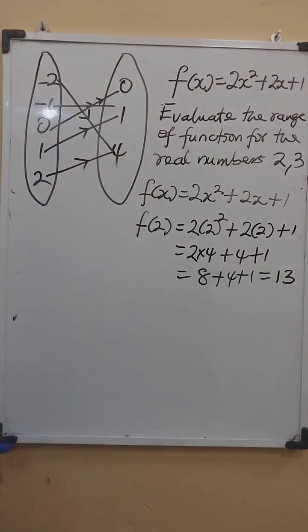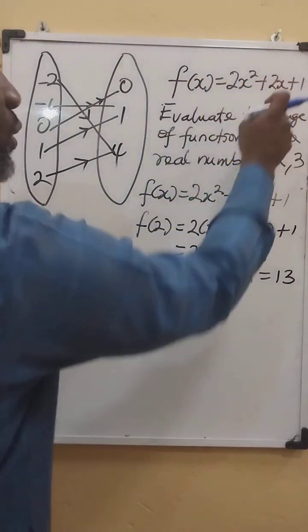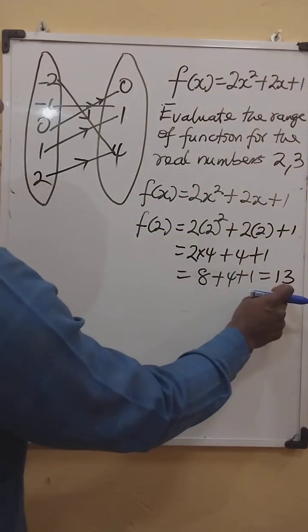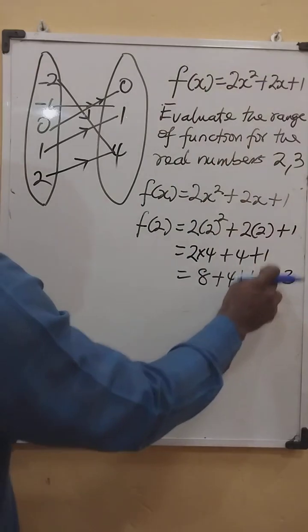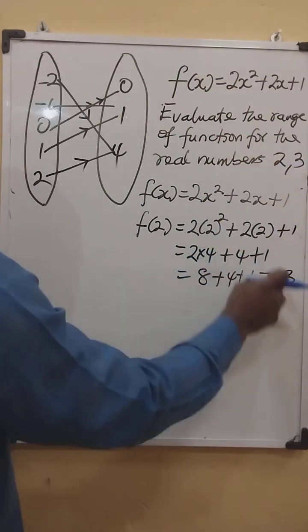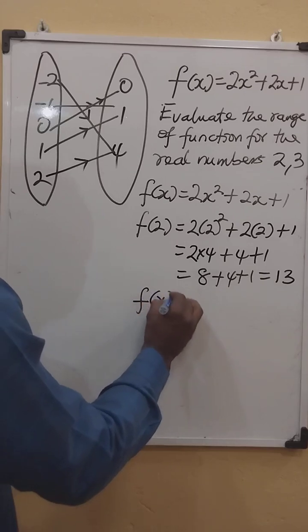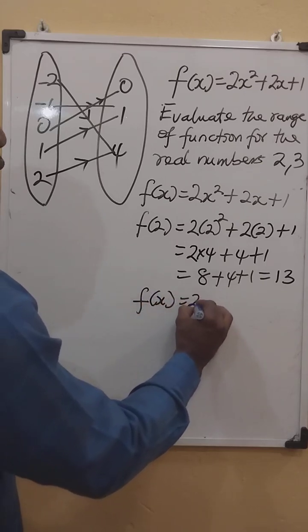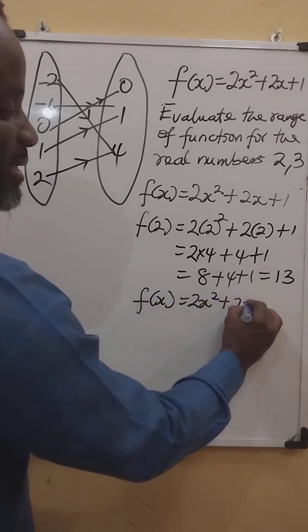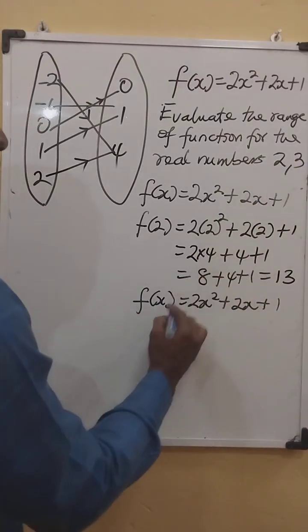So the range of function for this particular function at 2 is 13. So let us try it for 3. We do the same thing: 2x squared plus 2x plus 1. We substitute the value 3.